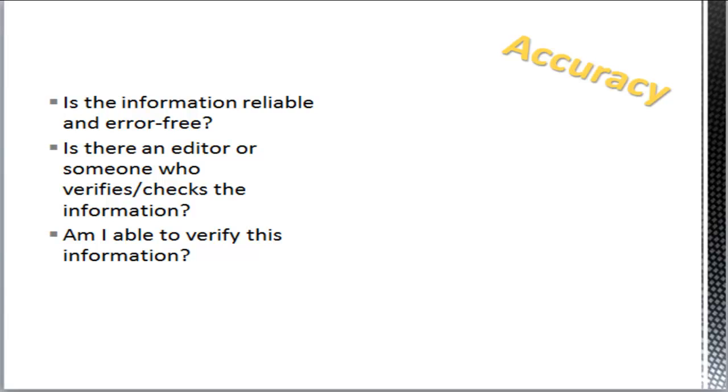Currently, no web standards exist to ensure accuracy, and obviously, you need your information to be accurate and error-free. How can we know whether the information on a site is accurate or not? Ask yourself the questions on the slide and think about how you might verify information you've found on a website.